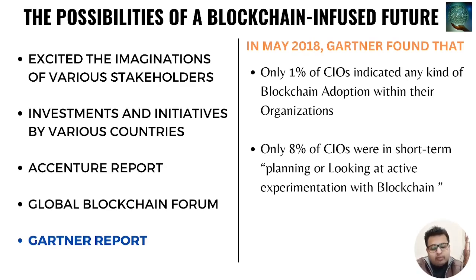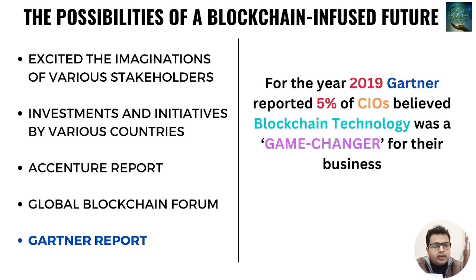And only 8% of CIOs were in short term planning or looking at active experimentation with blockchain. Only 8% of CIOs were willing to invest in blockchain. For the year 2019, just 1 year later, Gartner published one more report, and according to that, 5% of CIOs believed blockchain technology was a game changer for their business.